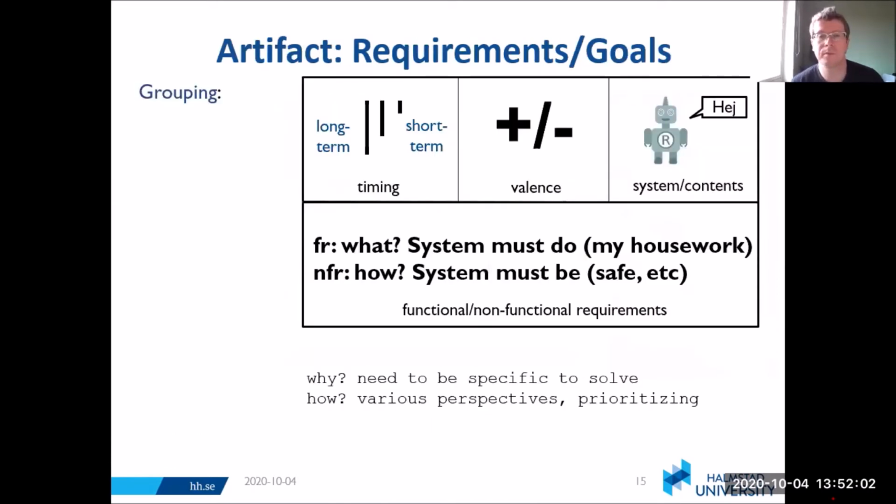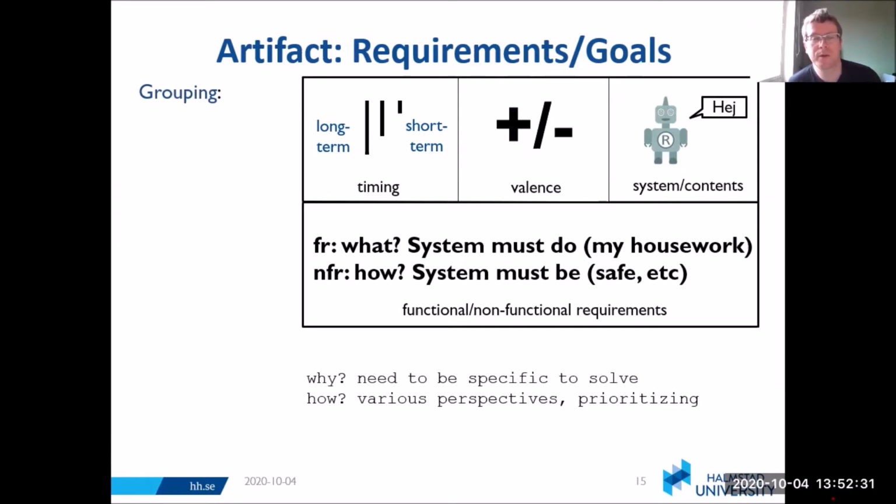Okay, now we talk about your systems, your artifacts that you're designing. We need to have a list of specific points that we want to address, because otherwise, if we don't have a clear idea, how can we solve it? We need to specify what our system should do and how it should be.